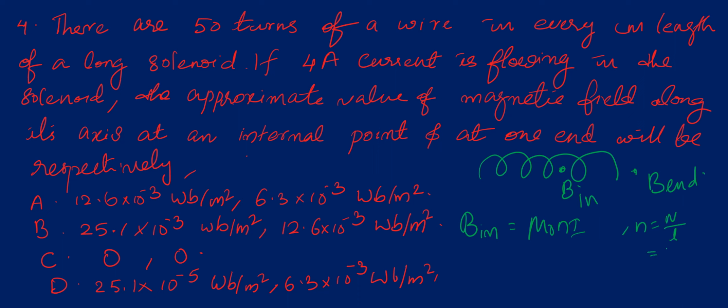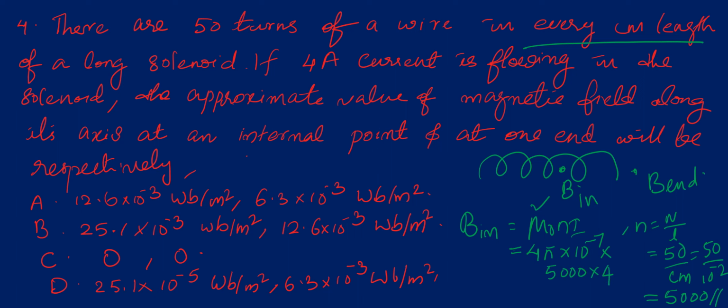Here N is given as 50 in every centimeter. When we convert into meter, we will get 50 divided by 10 raised to minus 2, or 5000. So we can substitute this: mu 0 is 4 pi into 10 raised to minus 7, into N which is 5000, into I which is given as 4 ampere.